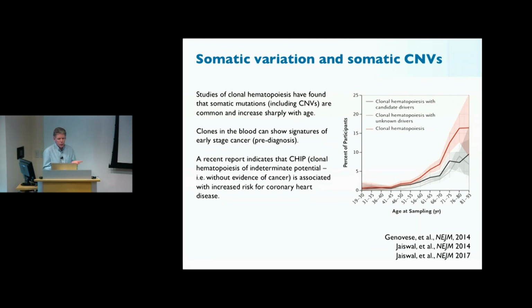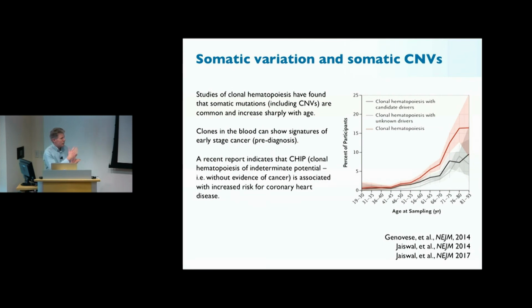In your bone marrow cells and your hematopoietic stem cells. And work from groups in and around Broad here, the Ebert Lab and Giulio Genovese, showed that these clones appear in the blood of many people, not everybody in the population, but many people, and they're strongly correlated with age.